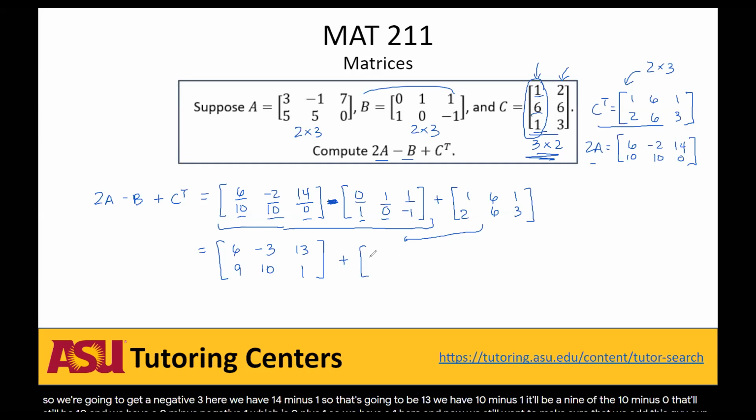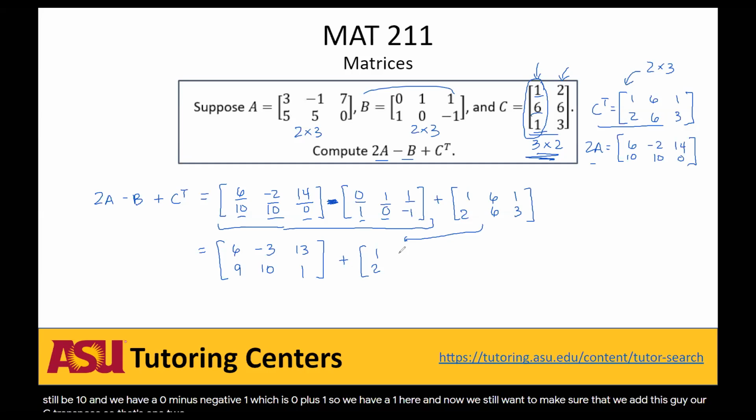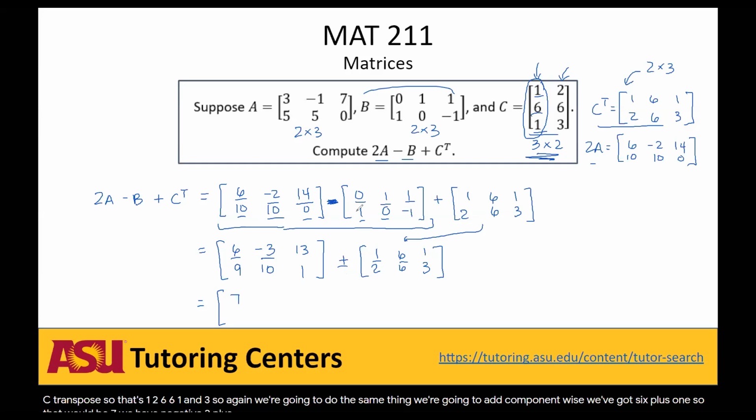And now we still want to make sure that we add our C transpose. So that's 1, 2, 6, 6, 1, and 3. Again, we're going to add component-wise. We've got 6 plus 1, so that will be 7. We have negative 3 plus 6, which is going to be 3.